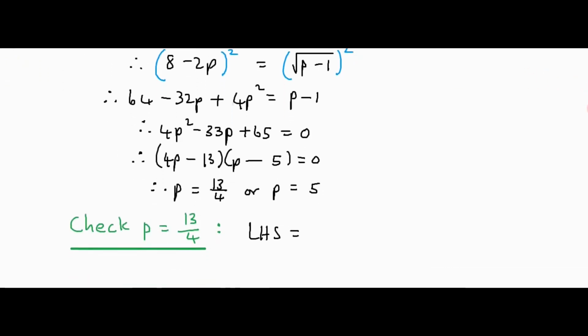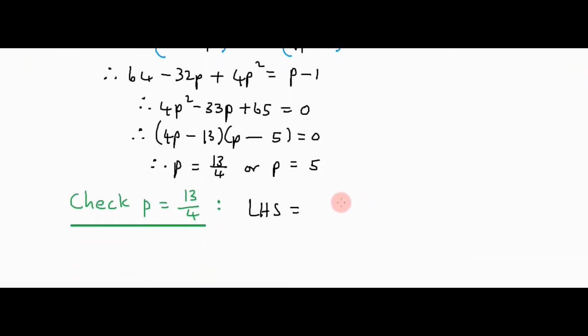And we replace the p with 13 over 4. So 6 over the square root of 13 over 4 minus 1, minus twice the square root of 13 over 4 minus 1. We could do this on a calculator.